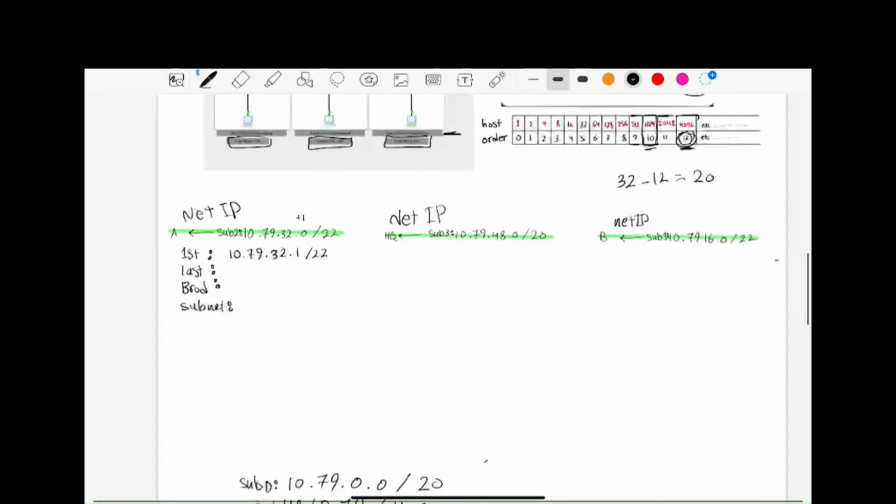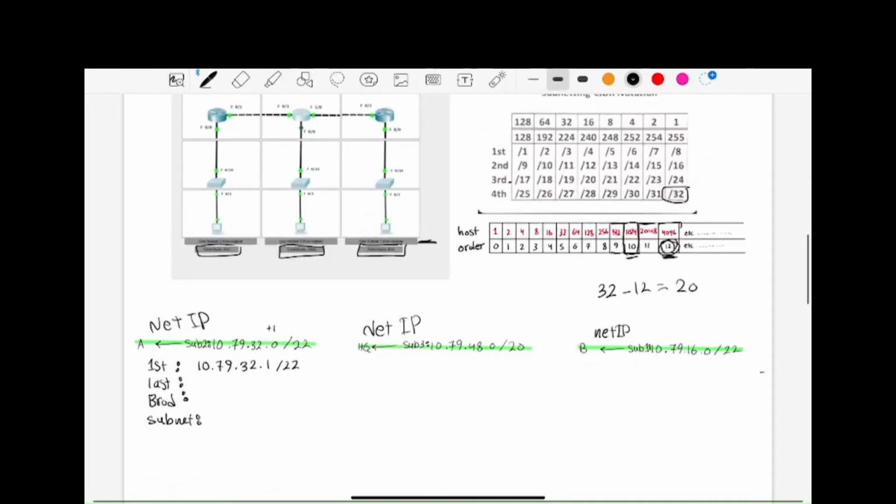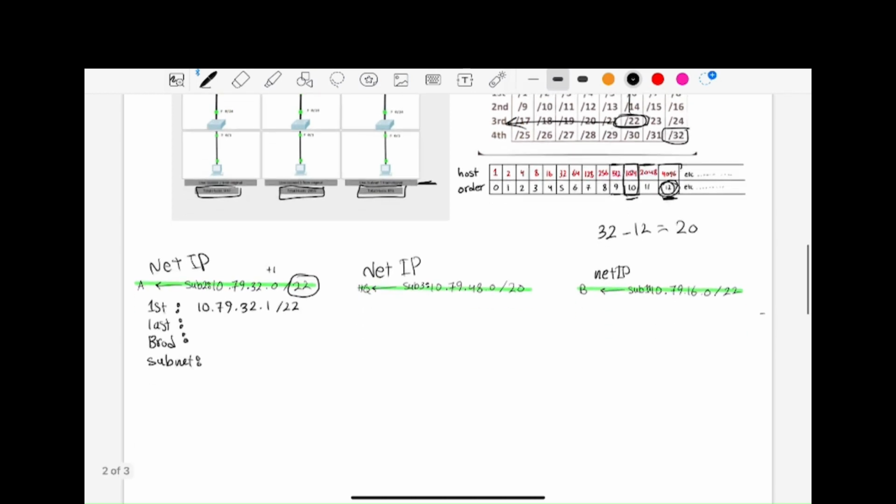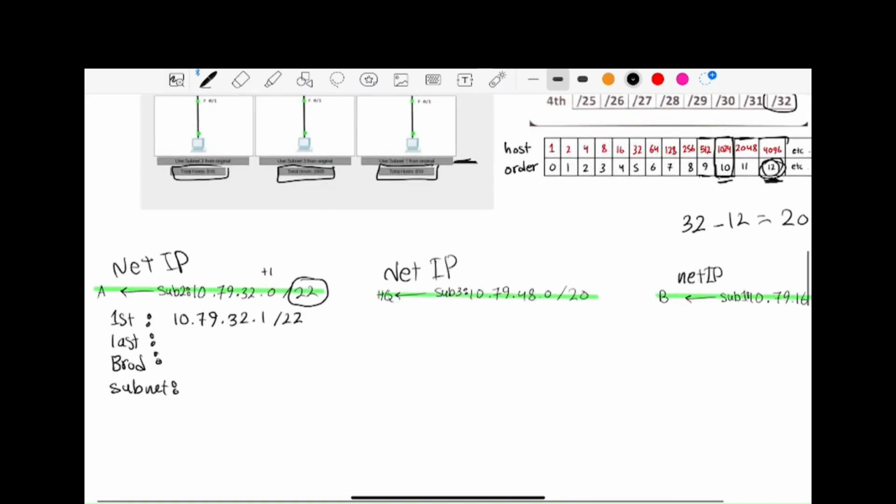To get the last, we need to do one more process. We know that our network is /22, and we go to the card here. We see the third octet, we need to add 4. So we need to find the network IP address of our next network. This is the third octet, adding 4 will give us our next network IP.